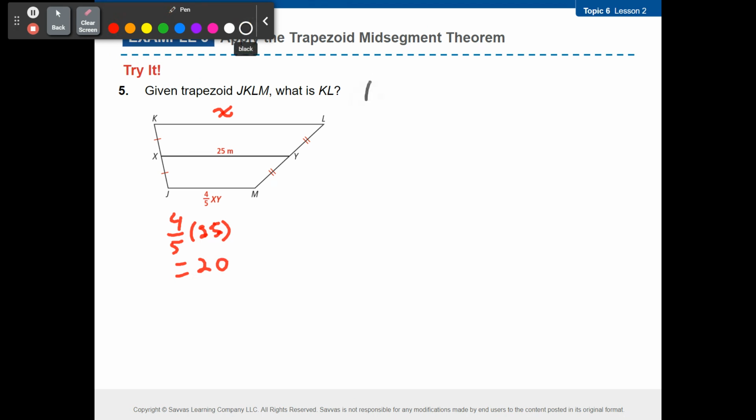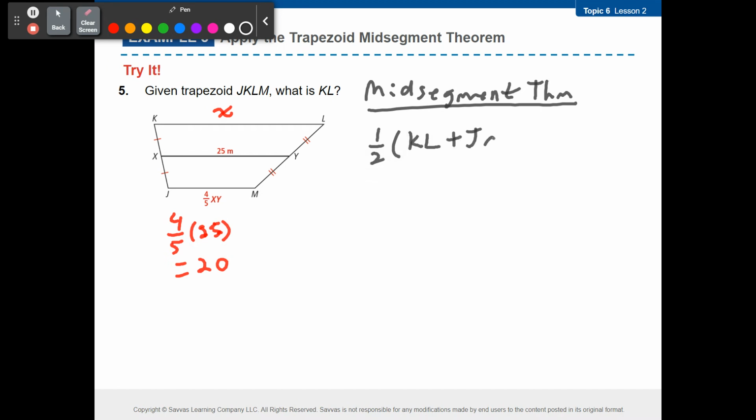Now if I talk about the mid-segment theorem, you would have 1/2 times KL plus JM, and that's going to equal XY. So in this case, 1/2 times X, because I don't know KL, plus JM, which is 20, equals 25. What do I do from here?